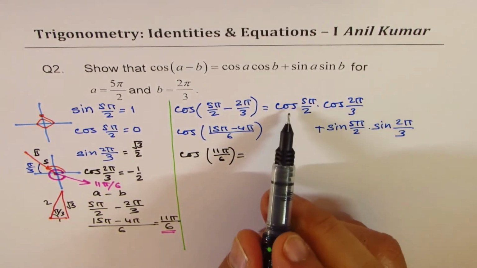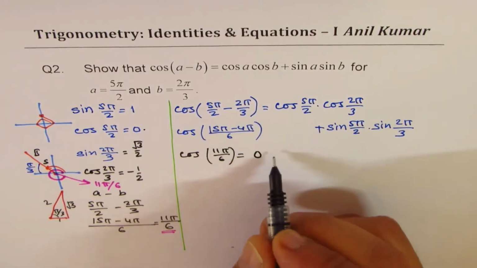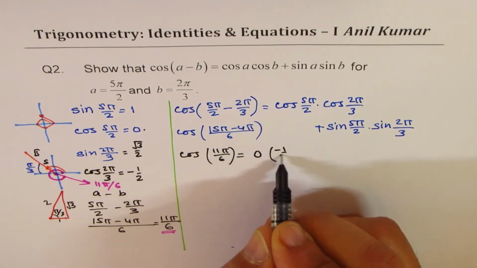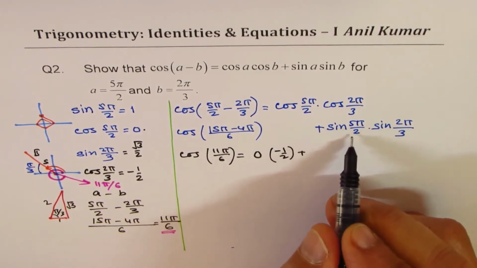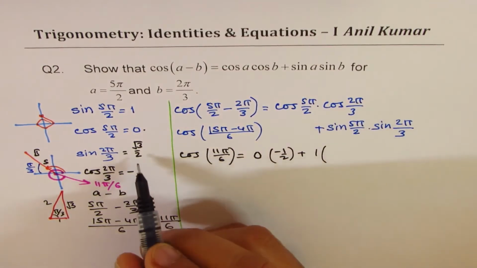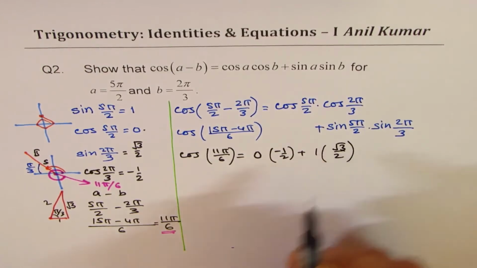Now cos 5 pi by 2 is 0. So we get 0 times anything, which was minus half, plus sine 5 pi by 2 is 1, times sine 2 pi by 3, which is square root 3 over 2. Right, that's what we get.